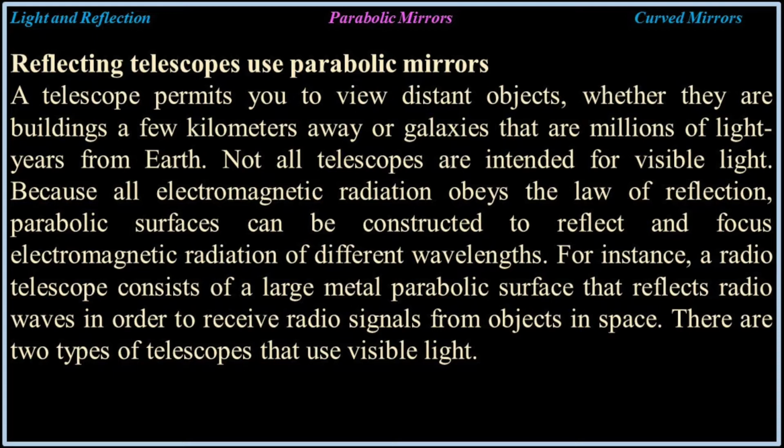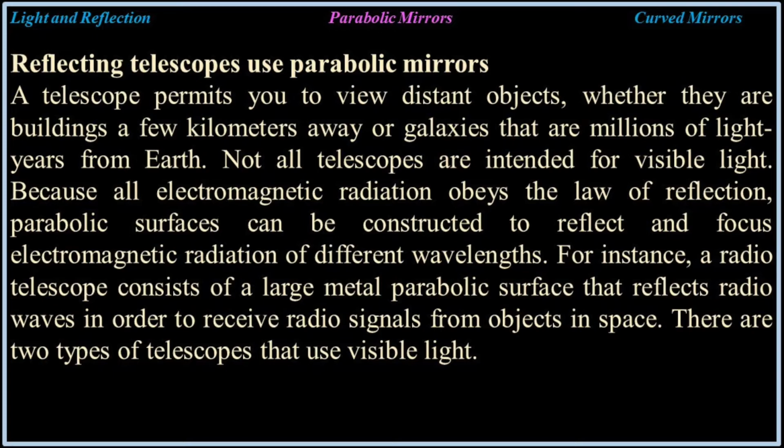Because all electromagnetic radiation obeys the laws of reflection, parabolic surfaces can be constructed to reflect and focus electromagnetic radiation of different wavelengths. For instance, a radio telescope consists of a large metal parabolic surface that reflects radio waves in order to receive radio signals from objects in space.